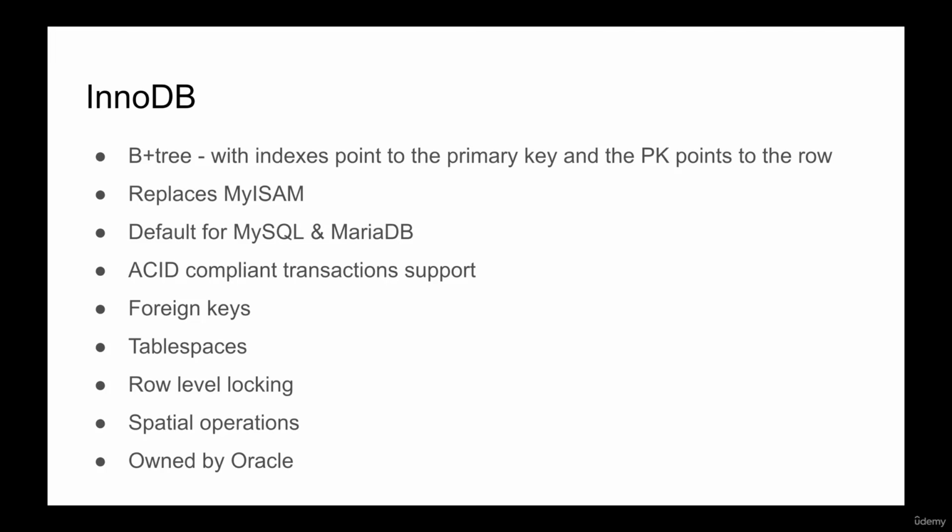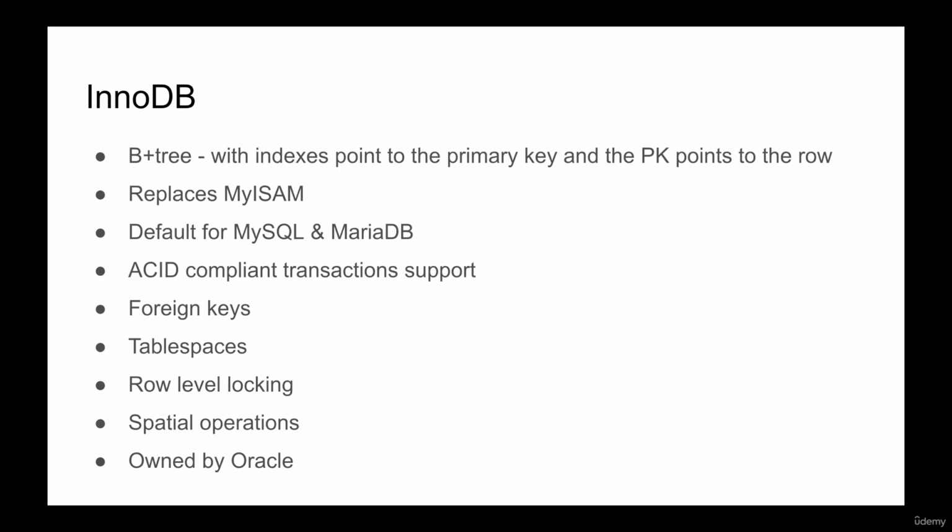So I'm pointing directly to the row, right? And any index you create, guess what? It doesn't point directly to the row. It points to the primary key. That's powerful stuff right there, guys. So if you create an index, the secondary index doesn't point directly to the row.